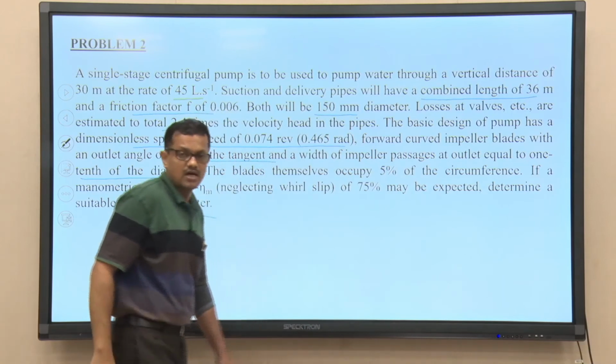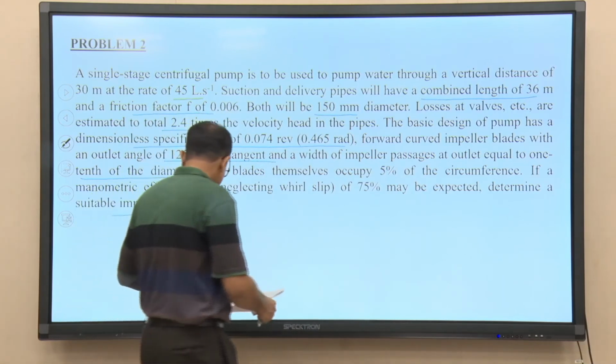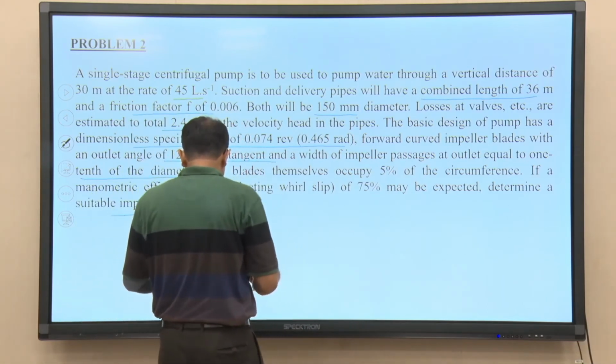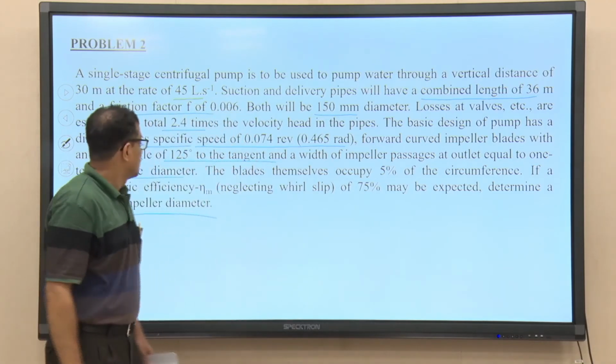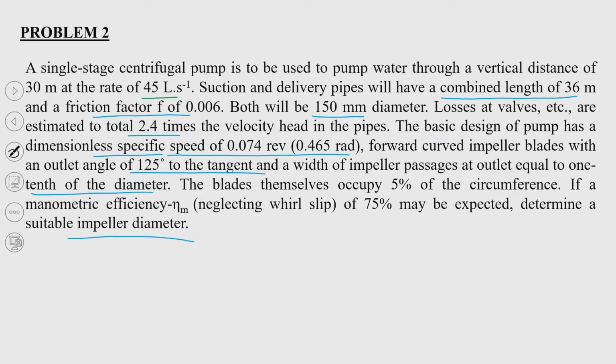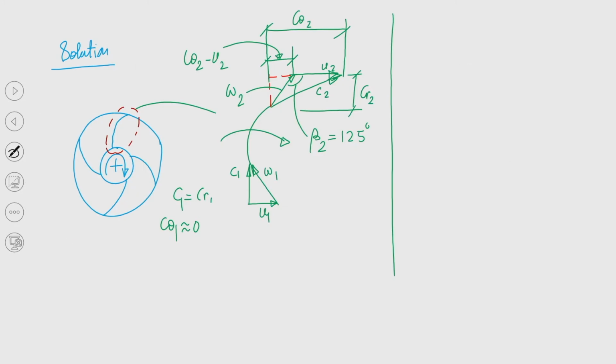Okay. So, can we not calculate the velocity in the pipe? It is also given that the diameter of the suction pipe as well as the delivery pipe is the same.